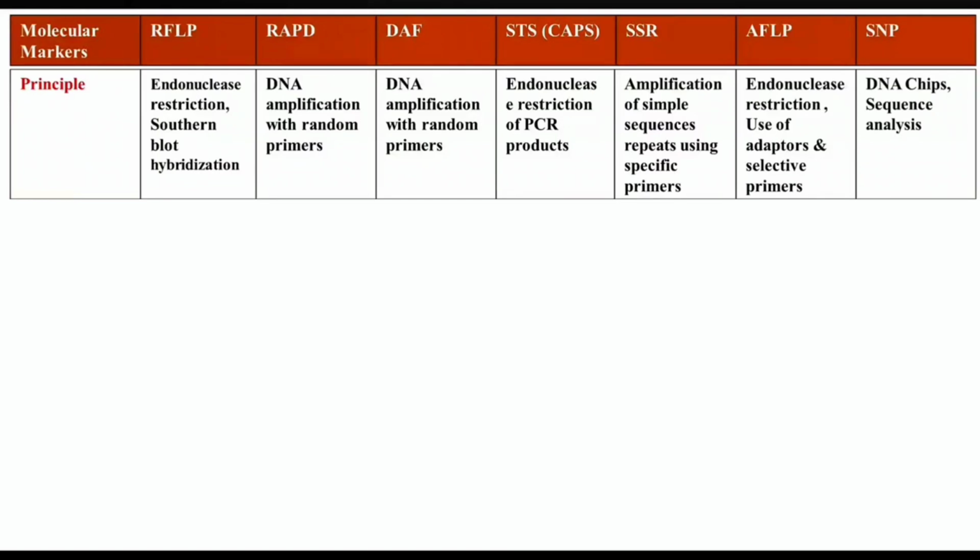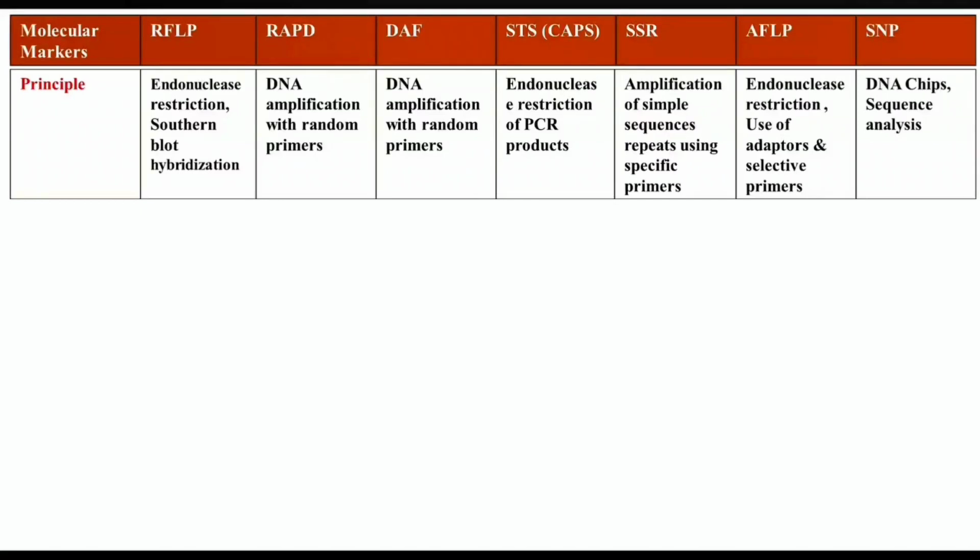Then comes SSR, that is amplification of simple sequence repeats using specific primers. See, here you know very well, in RAPD and DAF we have mentioned random primers, and in SSR we use specific primers.